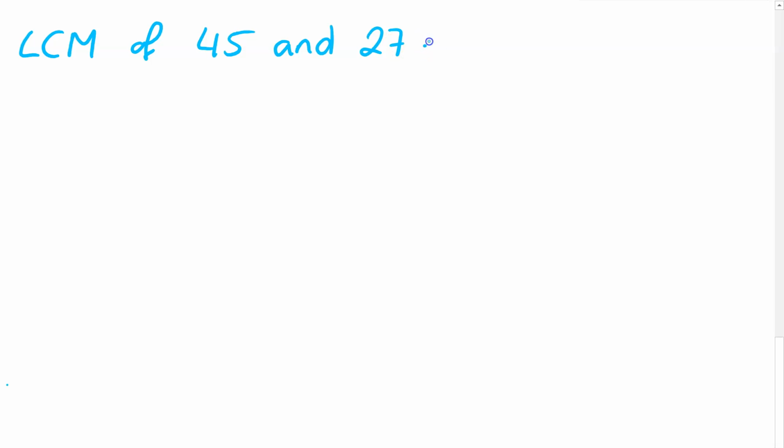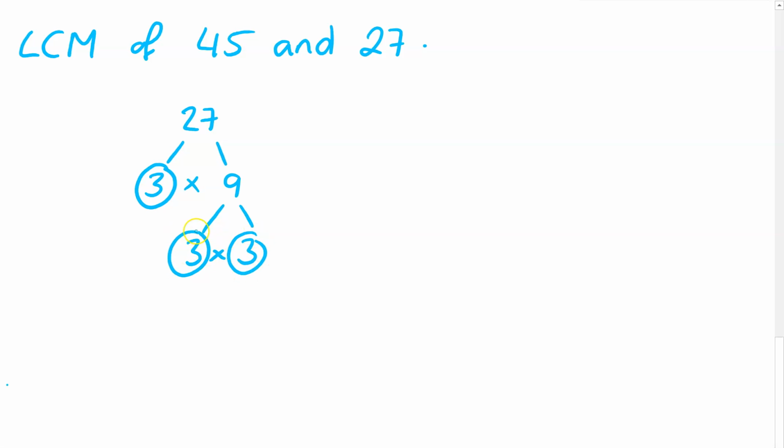So I'm just going to go with the trees. If you haven't guessed by now, the trees are so much better, which is why I'm trying to kind of push you in that direction. So 27. Give me a timesing sum that makes 27. 3 times 9. 3 is a prime number. 9 is not. 9 needs to split. That is 3 times 3. 3 is a prime number. There you go, 27 done. How quick was that?